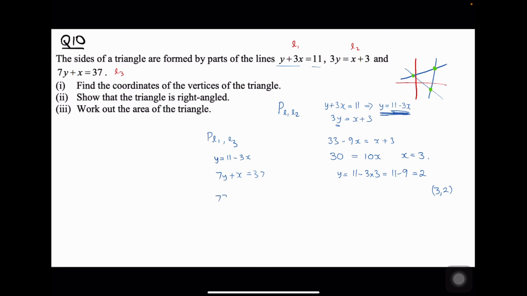So we have 77 take away 21x plus x equals 37. 77 take away 20x equals 37. So we have 40 equals 20x. x equals 2. Now substitute x equals 2 into this equation. And we get y equals 11 take away 3 times 2, which is 5. So the second point of intersection is 2, 5.